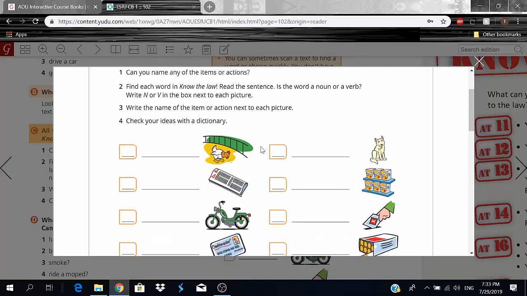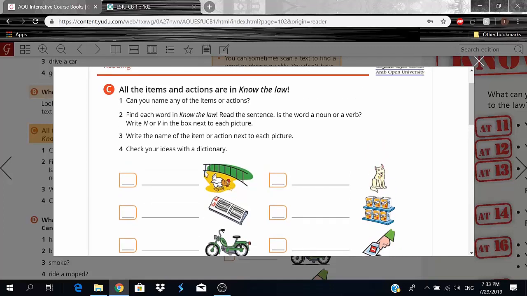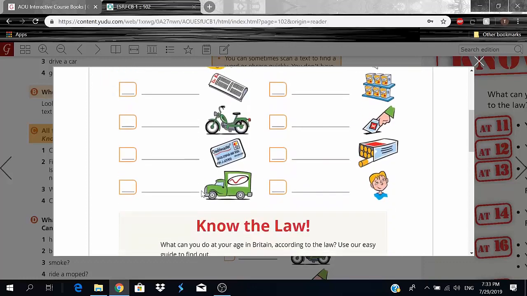So to sum it up short and sweet, here we have pictures of certain jobs and places, right? And depending on the word, it's either a noun or a verb. If it's a noun, we'll write an N here. If it's a verb, we'll write a V here. For example, let's say this is a farm. So you just write the name of the place or the thing in the picture. Alright? So let's go.